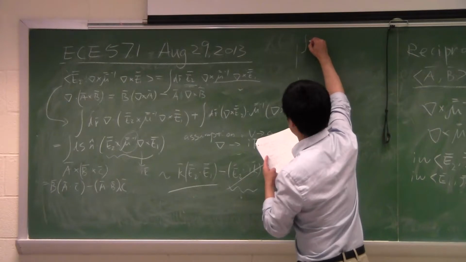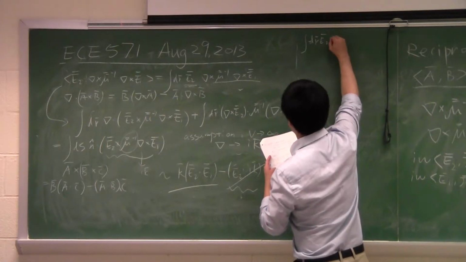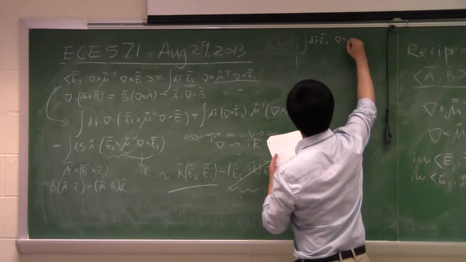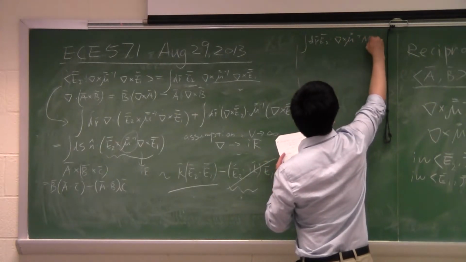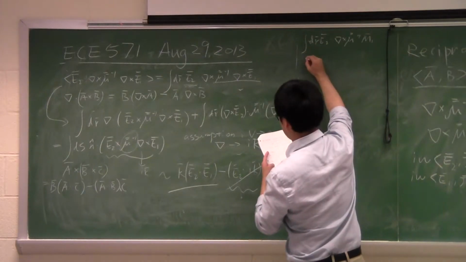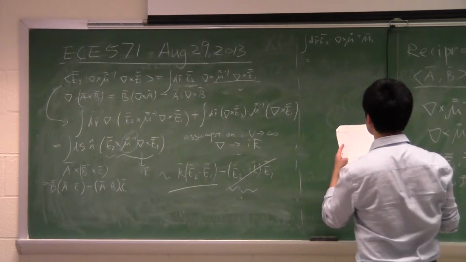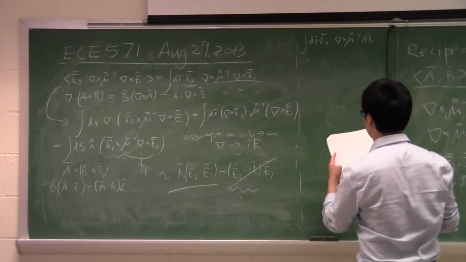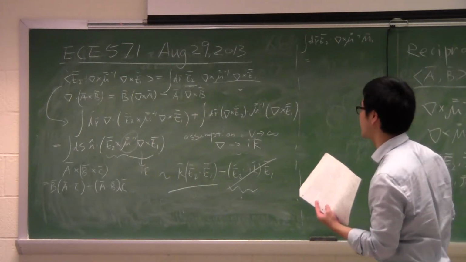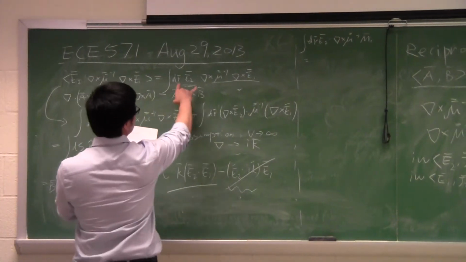We have the inner product of E2. Again, we use the same trick as here.